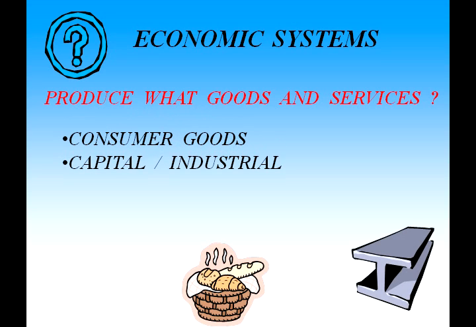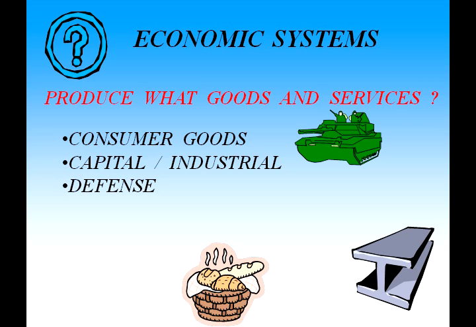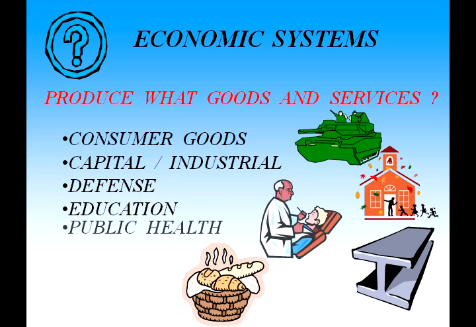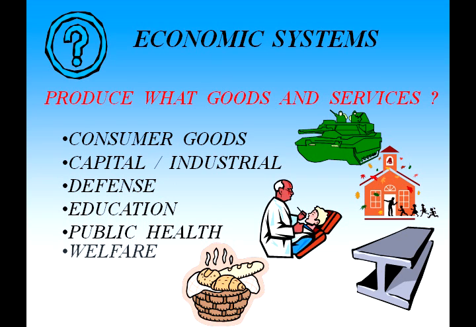Should it concentrate on capital and industrial goods? And as we saw in chapter 2, those can have significant ramifications on a society's development. Should we choose to produce defense-type goods, education, public health, or even welfare-oriented goods? As I said, this list could be quite long, but these are significant decisions.